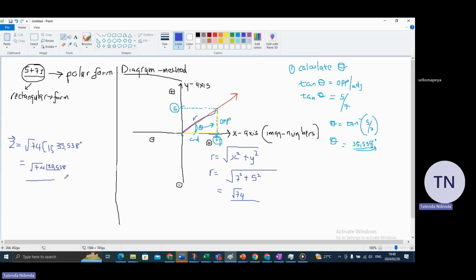Okay, so basically that's all about how to deal with these diagrams.